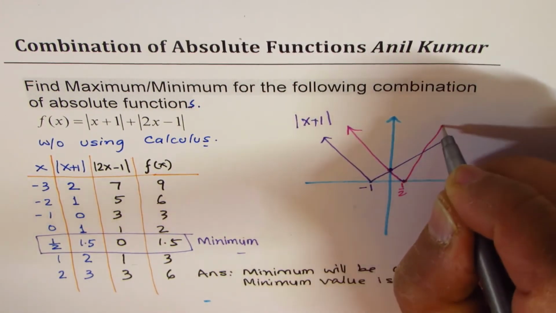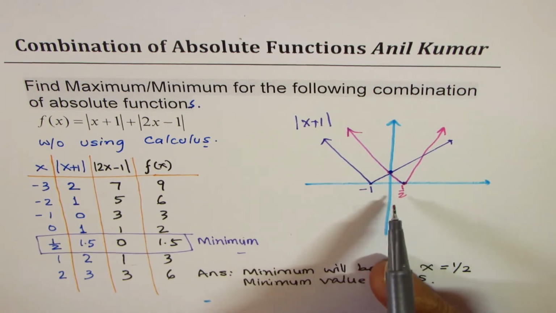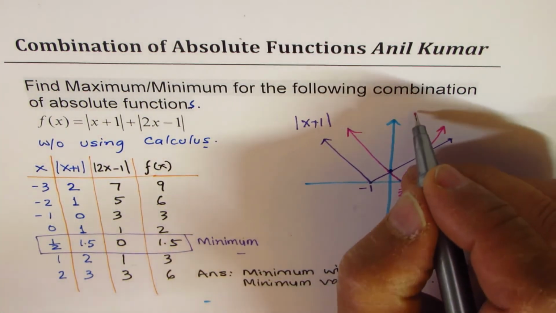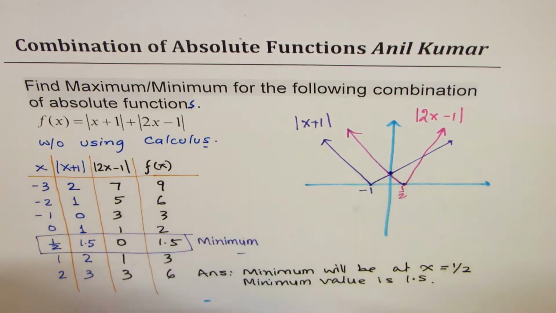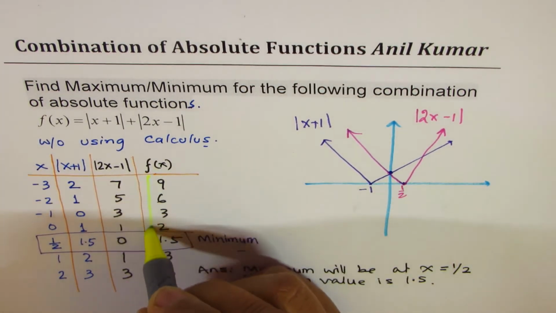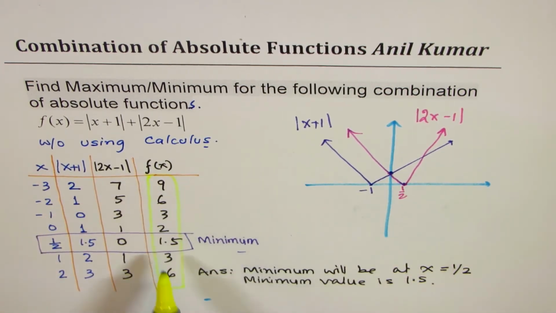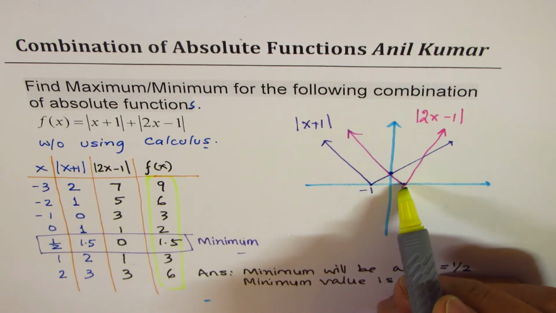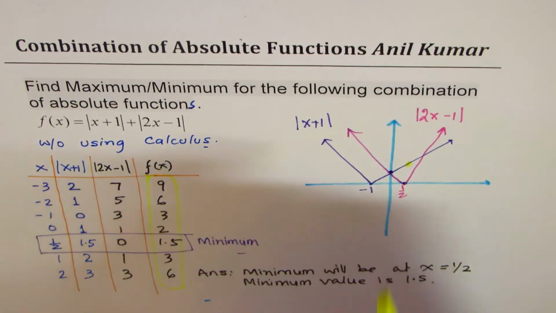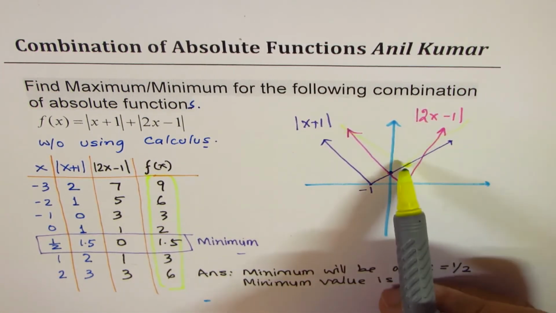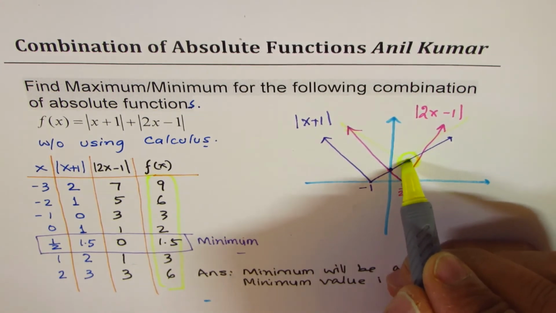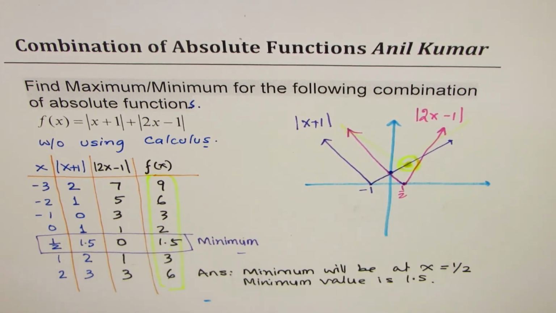It's a steeper graph. Now when you combine these two, the result is shown. Let me highlight the result. When you add these functions, this is what you get. At 0.5 it is actually 1.5, somewhere here, and then it just rises up. I'm not drawing an exact diagram, but I'm trying to show you that it is minimum at this point, and the value is 1.5. So that is how you could easily do it.